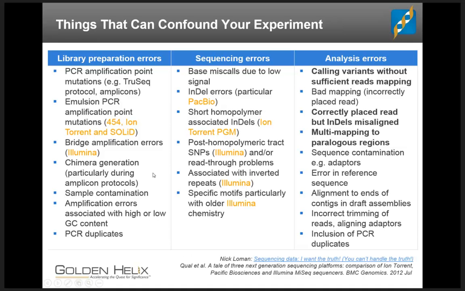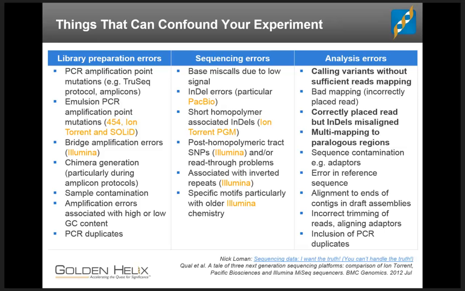But what I want to emphasize here is that when you look at confounding factors, a lot of them are platform specific. So I've highlighted those in yellow. And you get over to the different kinds of things that can happen in the analysis stage. A lot of these are also specific to the actual aligner and variant callers you use.